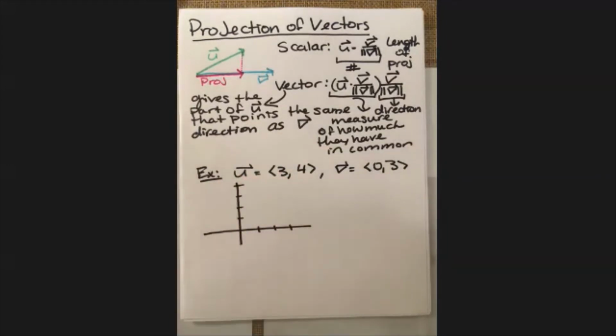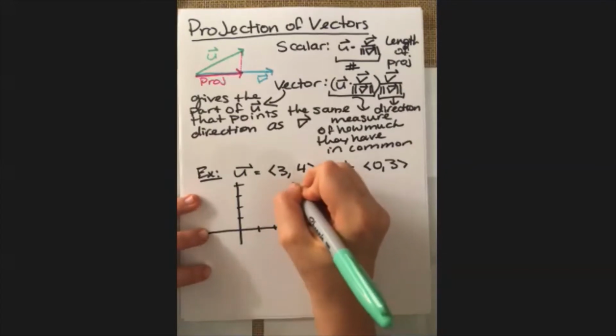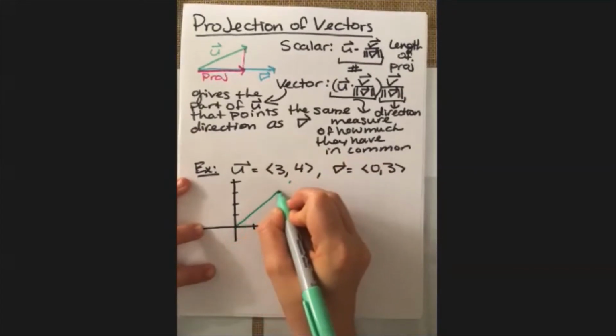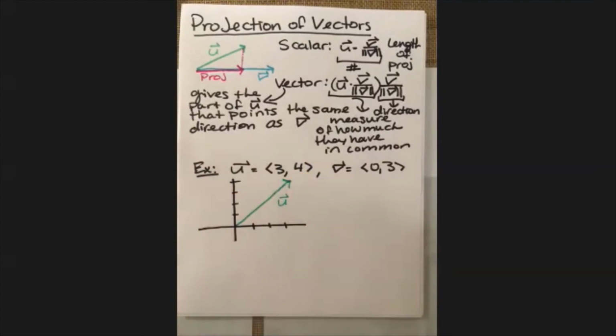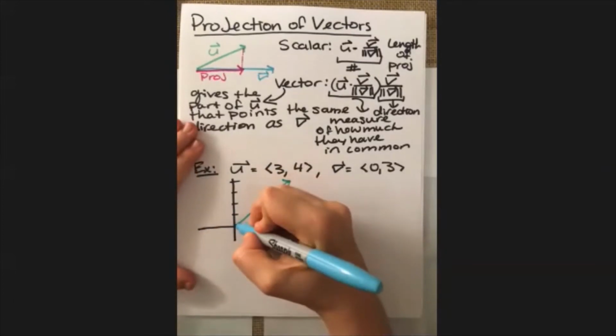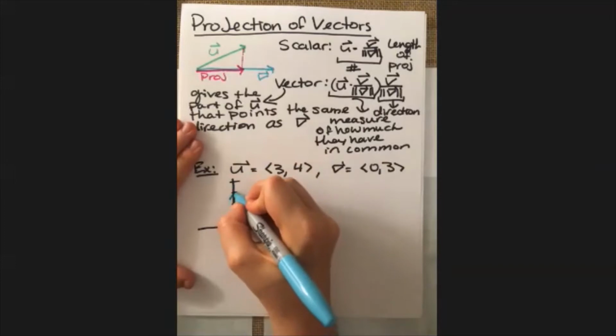All right, so our vector u is at 3, 4, so it's going to be out here like so. And our vector v is 0, 3, so it lies along the y-axis like so.